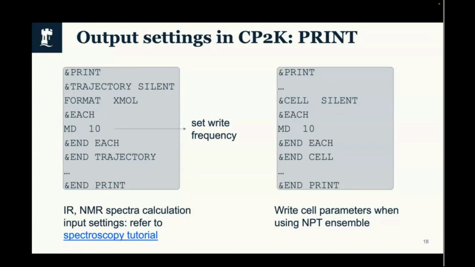For example, I would recommend you to set the cell print frequency the same as your trajectory. This is a benefit if you are preparing input reference data for machine learning potentials, because these are matched so that you can directly extract the data from these files.